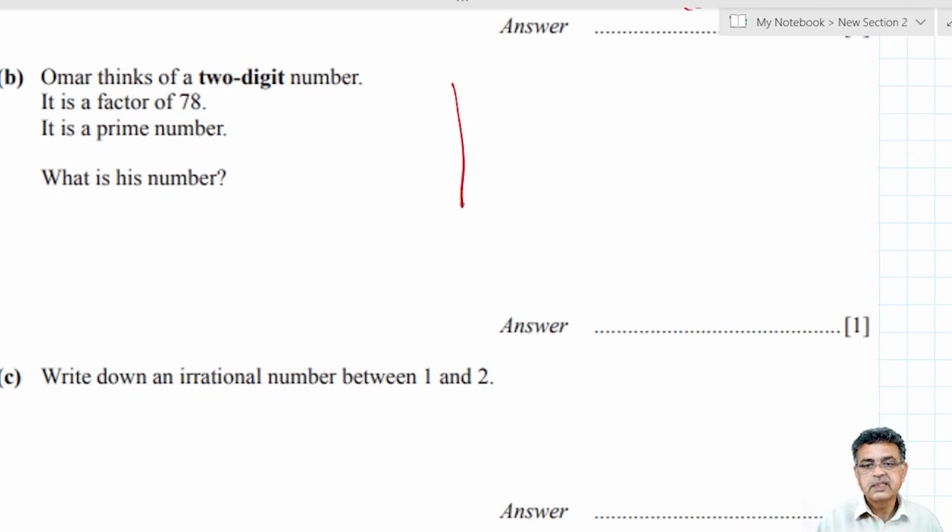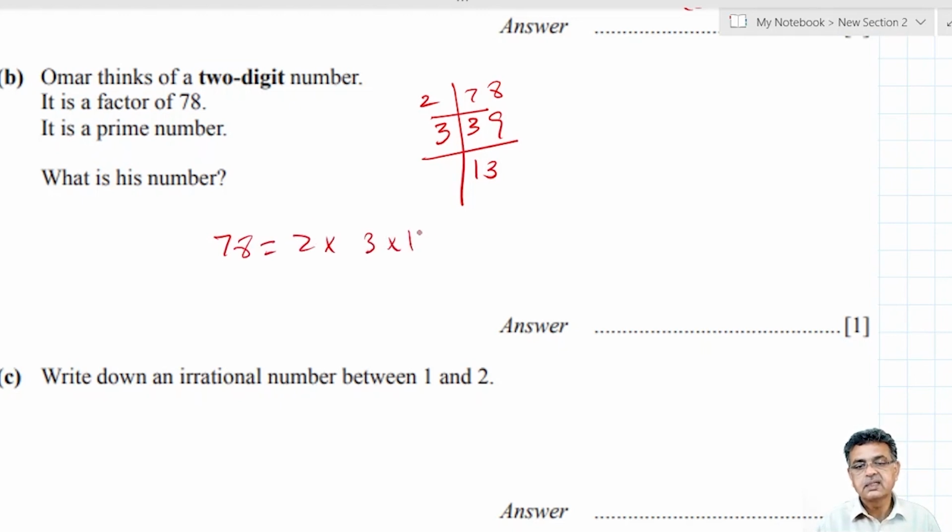So factors of 78: if we divide it by 2, that will be 39. And further divided by 3, that is 13. So the factors of 78 are 2, 3, and 13. Now, obviously, all three are prime numbers, but this is the two-digit number. So the answer is 13.